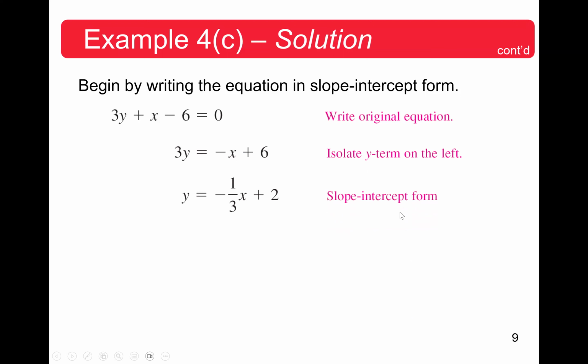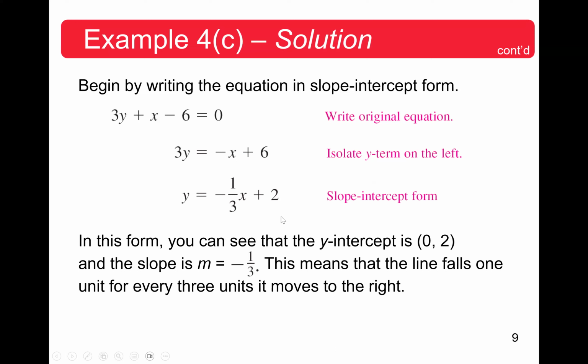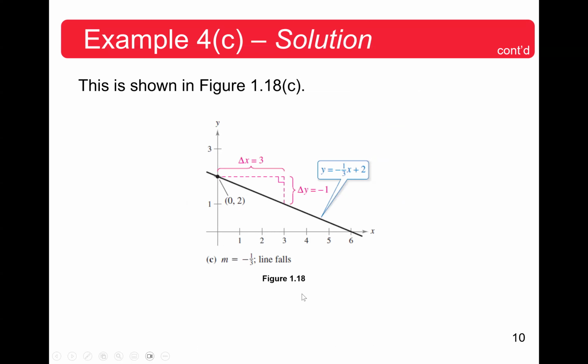Now we have the slope-intercept form. Our slope is negative 1/3, and our y-intercept is 2. So we can plot our graph now. Our first point will be the y-intercept, which is (0, 2). When x is 0, y is 2.